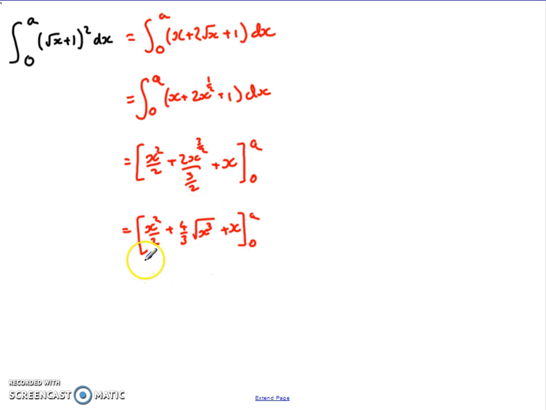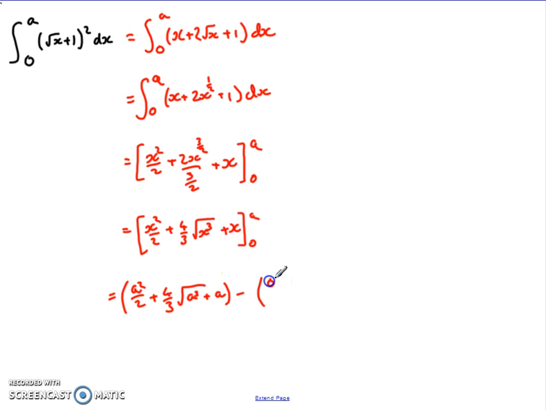This looks like a fun one, and it'll leave us with a lovely little equation at the end. But like I say, we can leave it in terms of a and any other values we get. So we do the top limit, take away the bottom limit. We get a squared over 2 plus 4/3 times the square root of a cubed plus a is the upper limit.